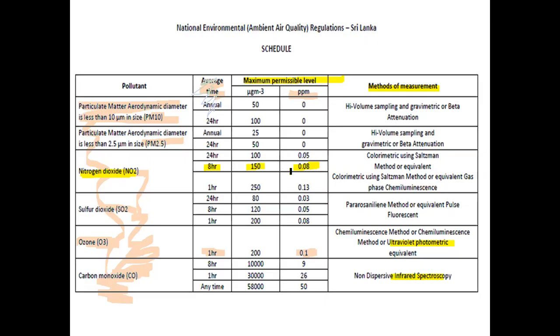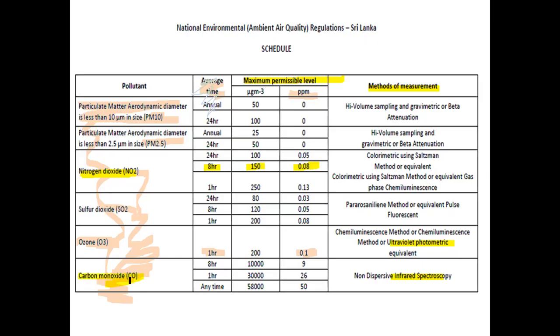For the 8-hour average, the maximum permissible level should not exceed 0.08. If the NO2 concentration is greater than 0.08, then people and other living beings can be affected. So it is the maximum level that the NO2 has to be kept below.